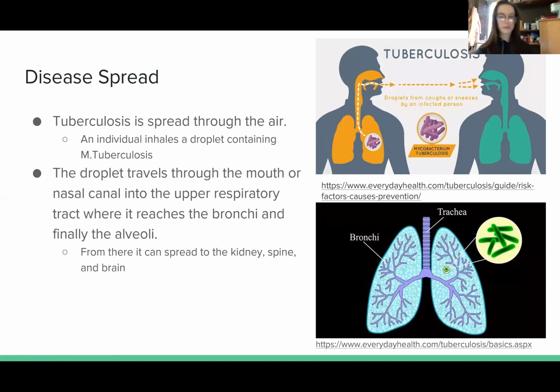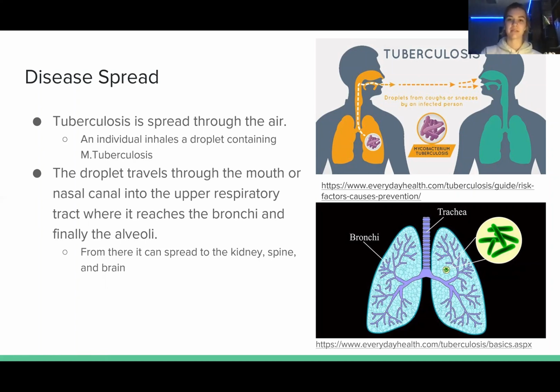For disease spread of tuberculosis, it is spread in droplet form through the air. Someone infected with TB can cough, sneeze, or talk, and another person can then ingest that droplet to contract tuberculosis. The droplet travels from the mouth or nasal canal into the upper respiratory tract, then into the bronchi, and finally the alveoli.